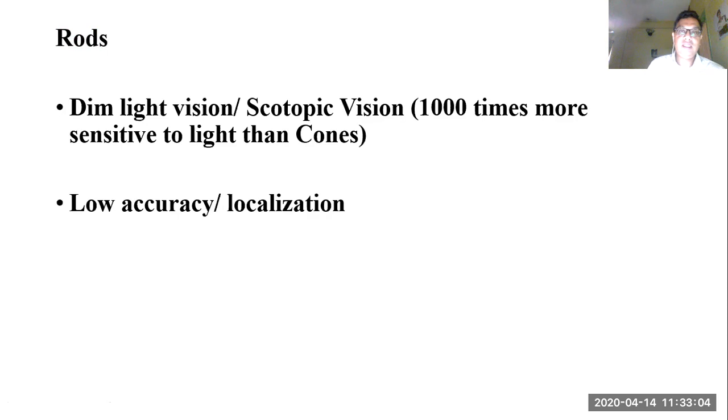But being more sensitive, it loses out on accuracy. So it cannot localize very nicely, it cannot demarcate or differentiate very well between edges in low light. So it's because of a few factors.